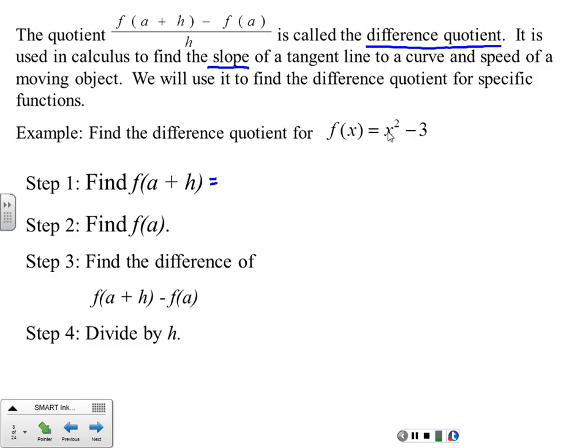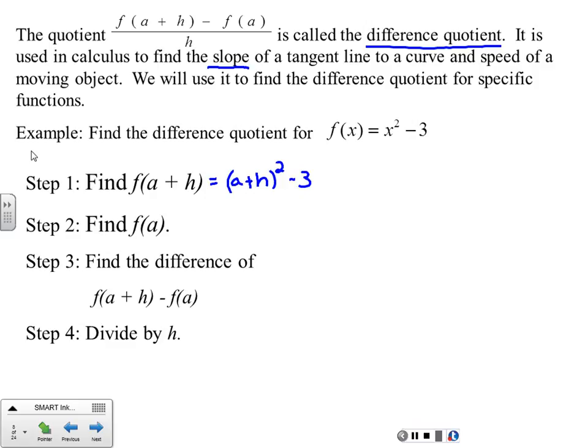If I take this X and I replace it with A plus H, can you tell me what I would write? And I'm glad somebody said that. Now, you can pull it.